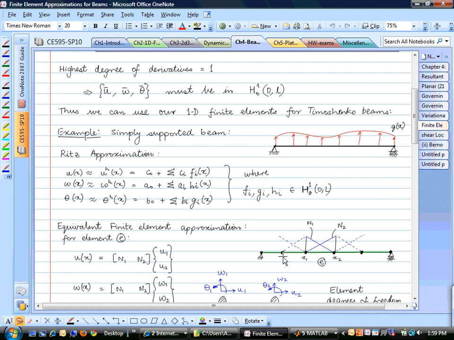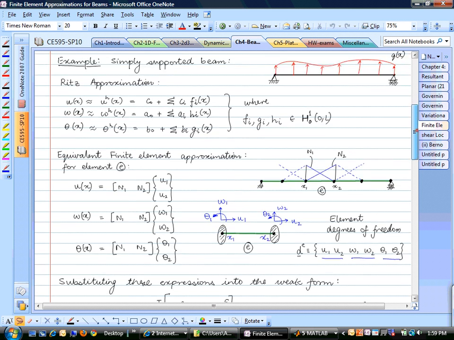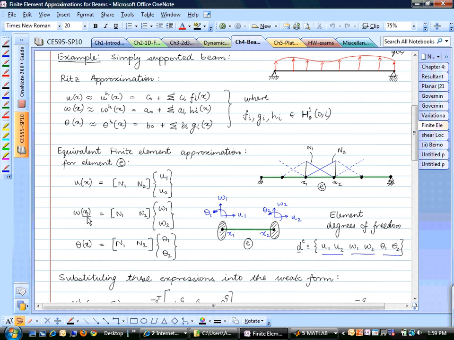For the one-dimensional problem, if you remember, we used these shape functions. Within any element, you can use these shape functions to interpolate the axial displacement or the transverse displacement. So we are going to use the same shape functions to interpolate axial, transverse, and rotation. All 3 quantities are going to be interpolated with the same type of shape functions.